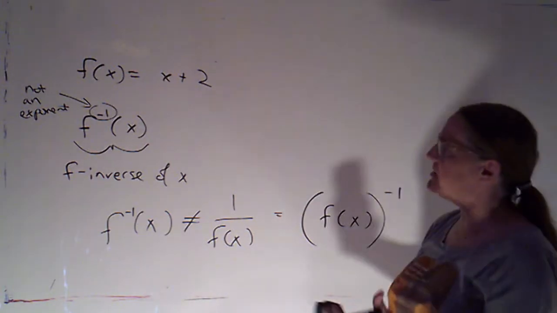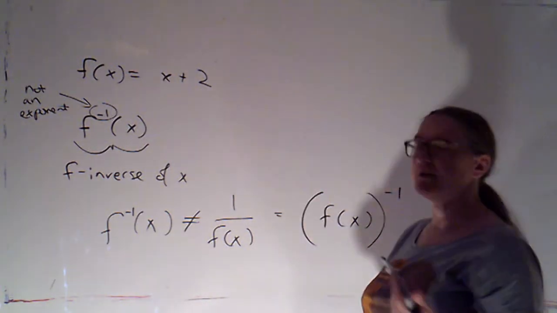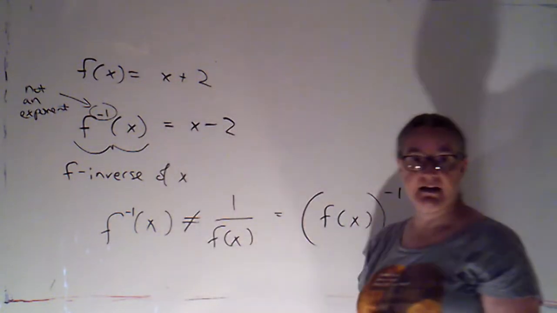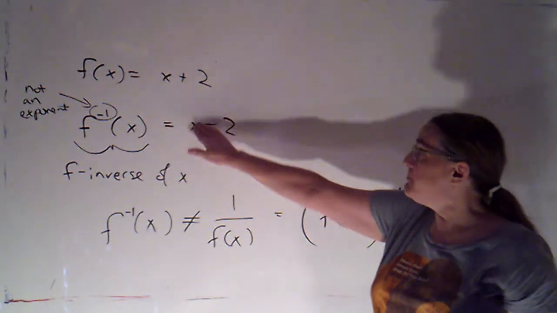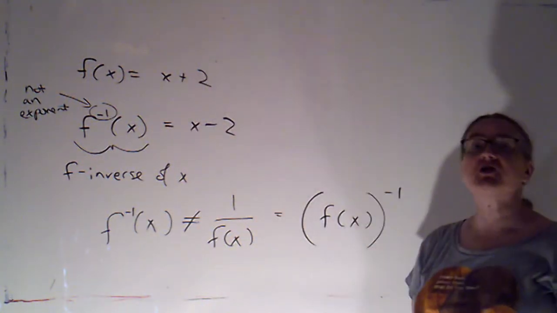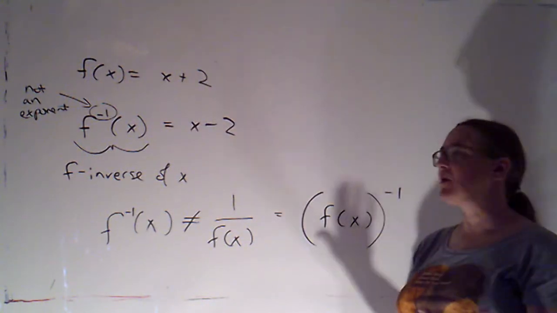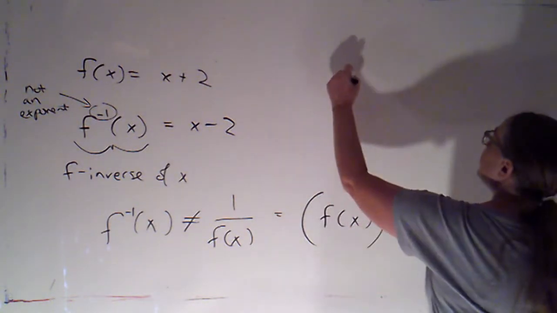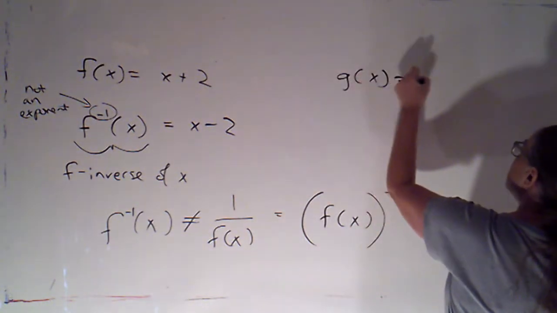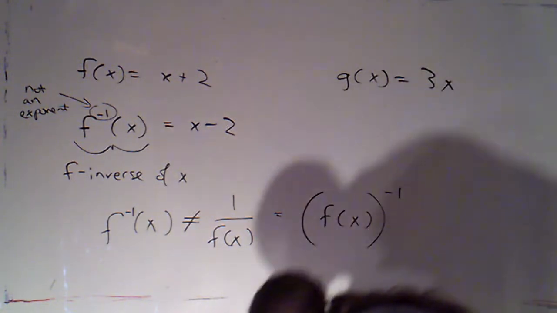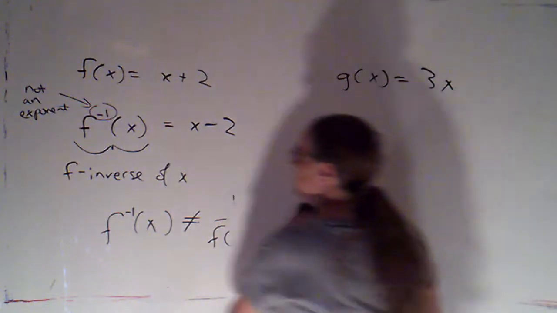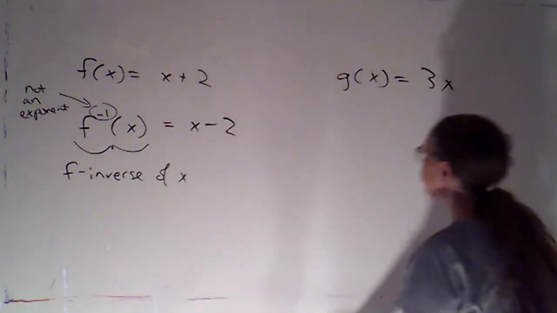Well, how do you undo addition of 2? You would subtract 2. So this would just be x minus 2. In both functions, x is just a placeholder for my input. If g of x was 3x, g is the function that accomplishes multiplication by 3.